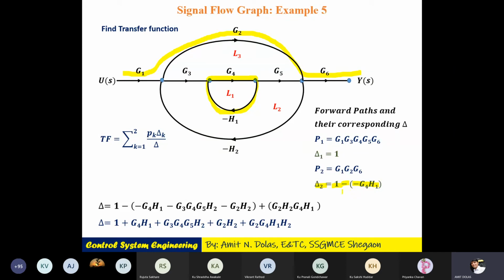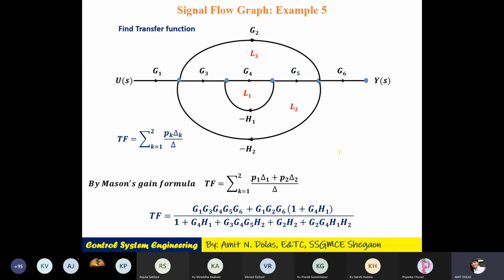So we have delta, then the forward paths and corresponding deltas, then directly put into the formula, that is Mason's gain formula, k = 1 to 2, P1 delta 1 plus P2 delta 2, divided by delta. P1 delta 1 is 1, so directly path 1 as it is, then P2 into this delta 2, divided by the obtained delta is your transfer function.